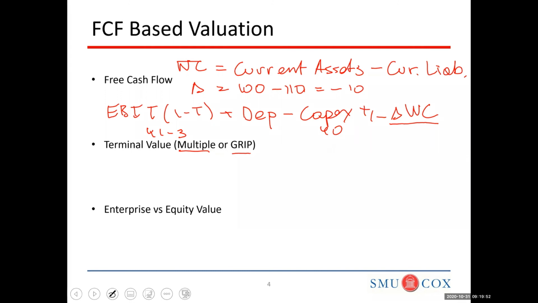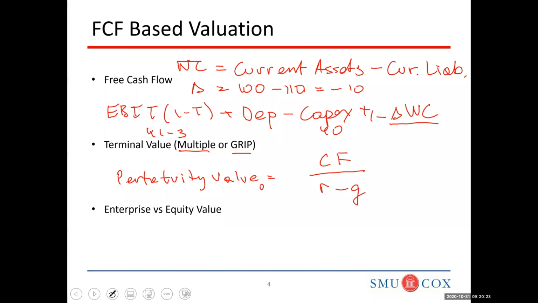And who remembers what the perpetuity formula is? We've used it many times before, right? Cash flow over rate minus growth. Cash flow divided by discount rate minus growth rate, right?